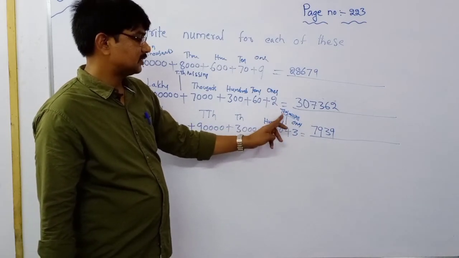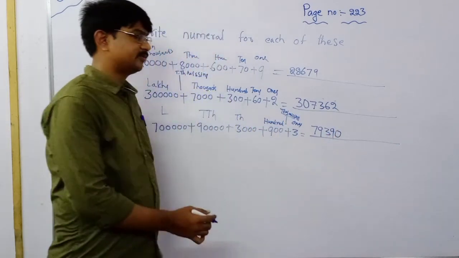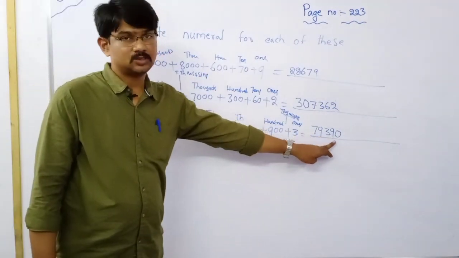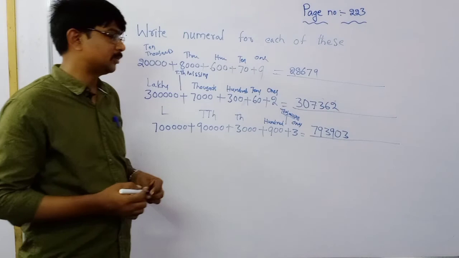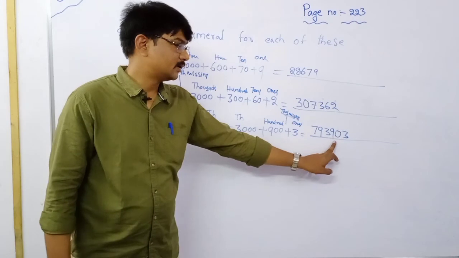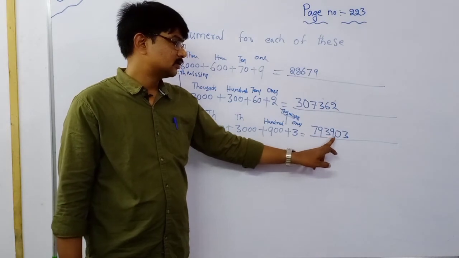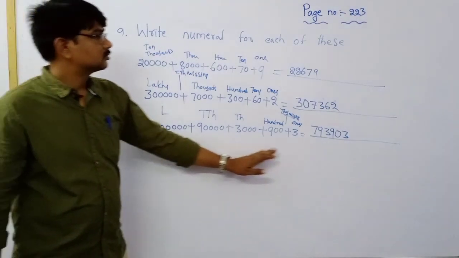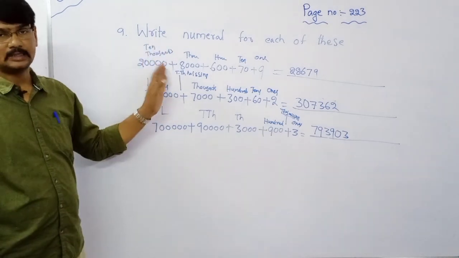Yes, tens place is missing. Keep 0. If any place is missing or not given, we need to keep a 0. Next, ones place 3. Now let us read the number: 7,93,903. This is the process to write numerals for the given expanded form.